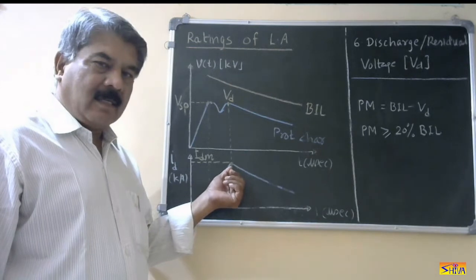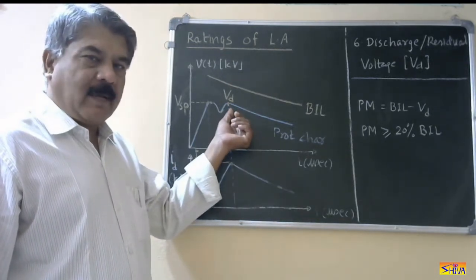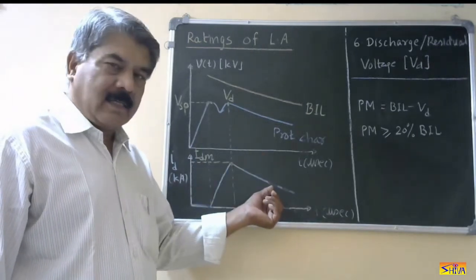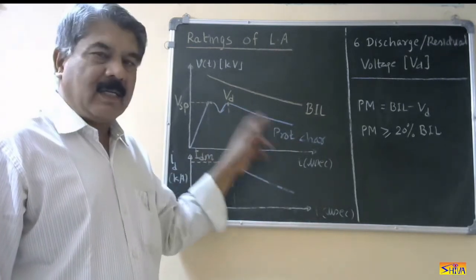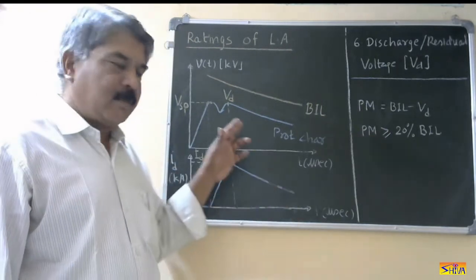When the discharge current attains the maximum value, this voltage also attains the maximum value, then it starts reducing because lightning current has also started reducing. So the complete waveform is called discharge voltage, but basically it is defined by its maximum value.